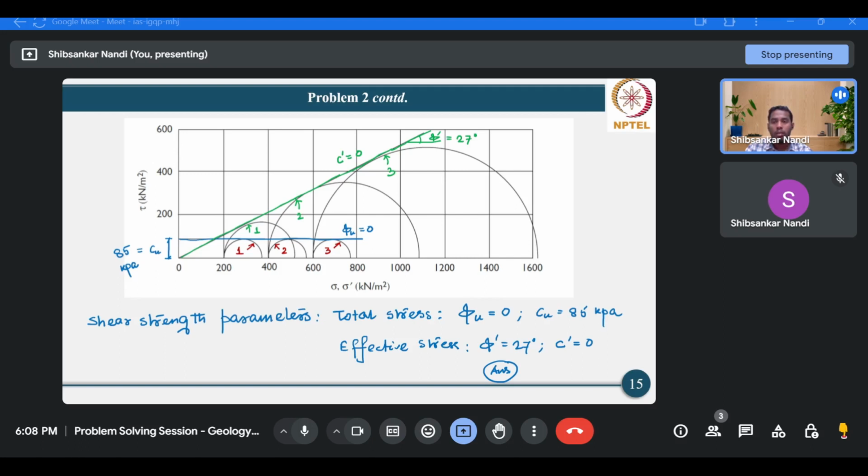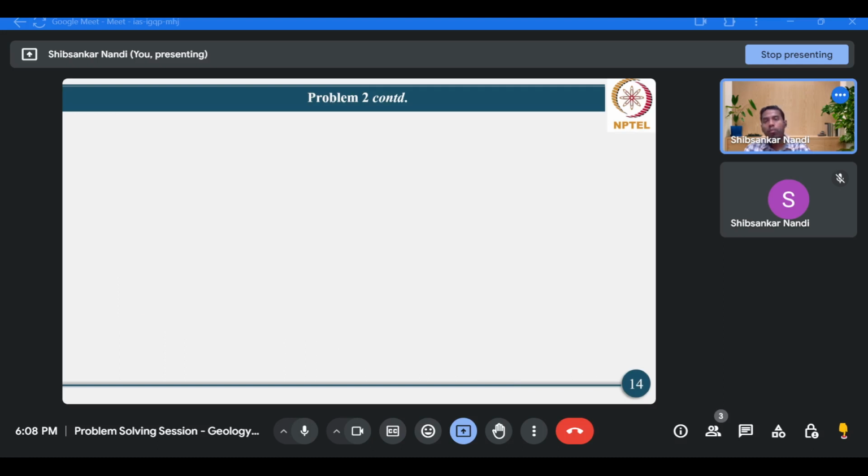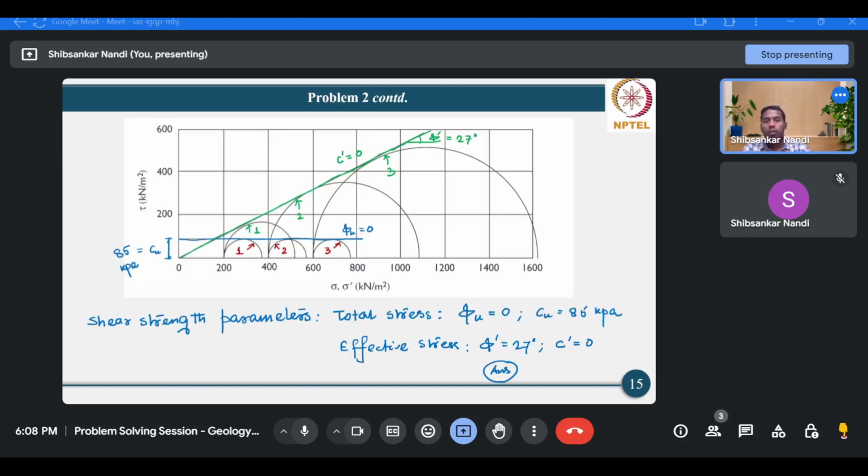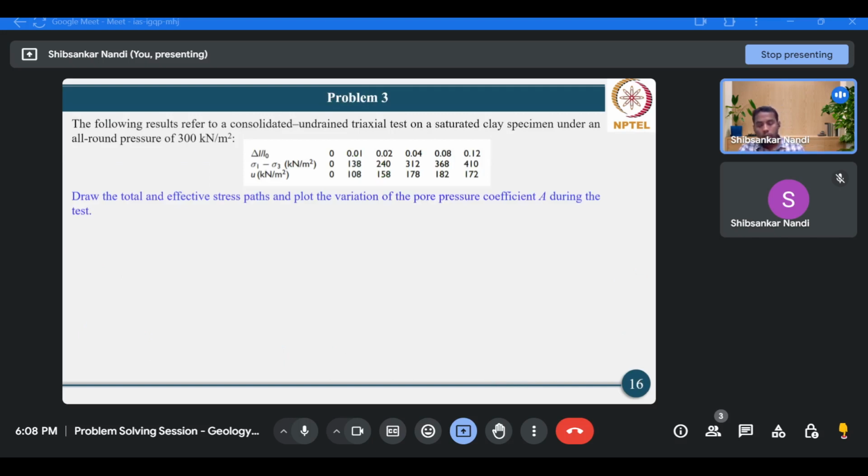Minor principal stress is usually the confining stress. However, the major principal stress you have to calculate from the given data in this fashion. First, calculate the axial strain, then volumetric strain, then the corrected area, and then the deviatoric stress. That deviatoric stress you add to the confining pressure to get the major principal stress. Okay, if this is fine, then we can take our next problem.